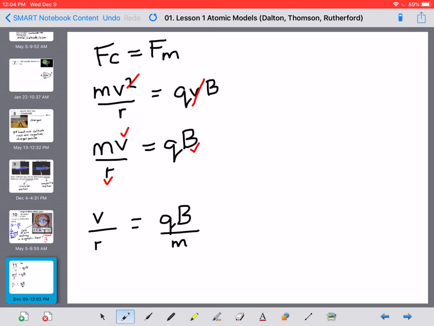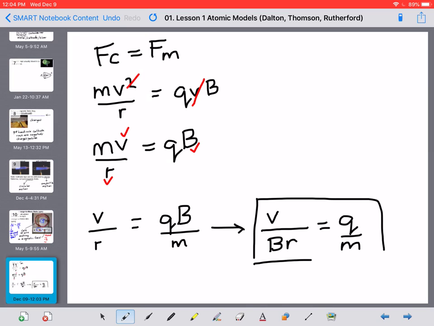But I don't want qB over m. I just want q over m. So now I'm going to divide both sides by B, sorry. So v over Br is equal to q over m. And so using that piece of equipment that was on the previous slide, Thomson was able to calculate the charge to mass ratio for the cathode rays.